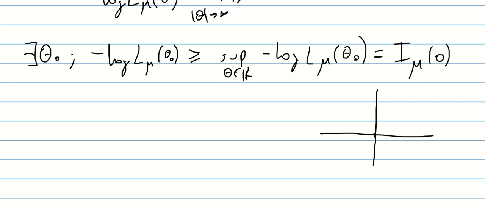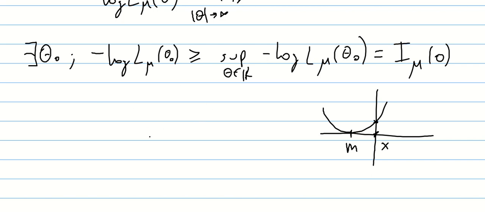So here is x. Mu doesn't need to be, the average doesn't need to be x, the mean. So we have a picture like this. And the value here, I mu of 0, that should give you the exponential decay, is minus log of the Laplace transform at some point theta 0.